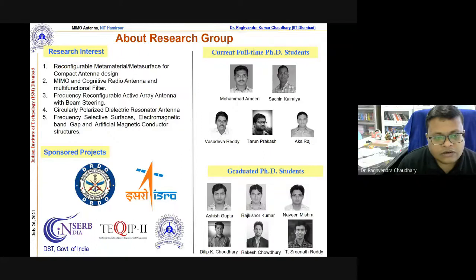We are also working on DRA, developing circularly polarized DRA. Apart from that, structures like electromagnetic band gap structure, artificial magnetic conductor, and FSS. The lab is sponsored mainly by DRDO, CRB, DST, and the institution as well.